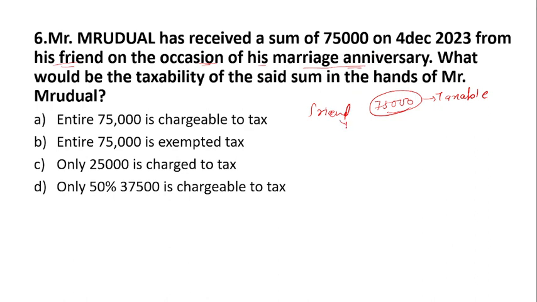If his friend is giving a gift at his marriage wedding, in that case 50,000 is tax free or exempted from tax. That means it is allowed; you can give 50,000 as a gift to your friend on the occasion of the marriage. That is the maximum limit.